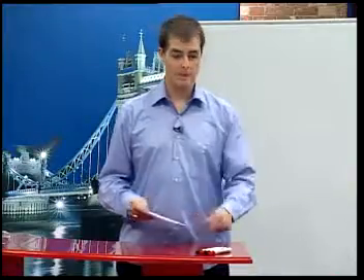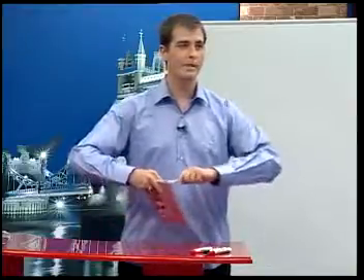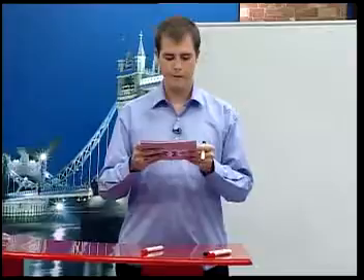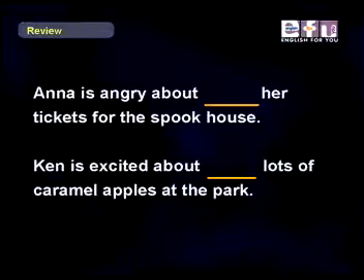Now let's do another exercise. This one can be a fill in the blanks. I'll give each of you 2. Fill in the blanks with the appropriate gerund. Lewis, you can go first. Anna is angry about something: her tickets for the spook house.